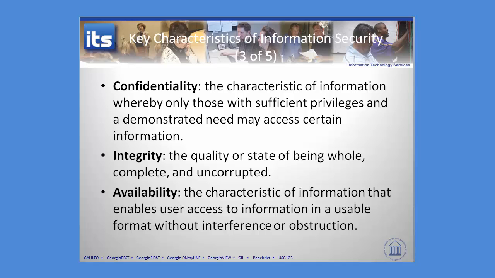And then availability goes to that characteristic that people can actually access the information in a usable format. So sometimes those bad guys and bad girls out there will attack the availability of information and then try to extract funding.